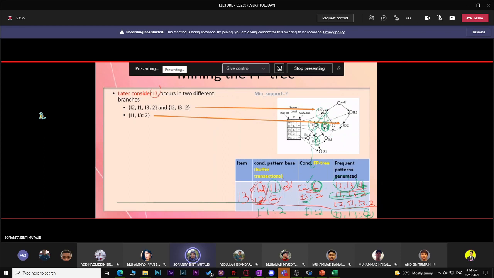Okay, if you look at just now item 2, item 5, what will be the items that together with I5? So by using the tree, actually we can dig or we can mine what are the items occur together through the branches.